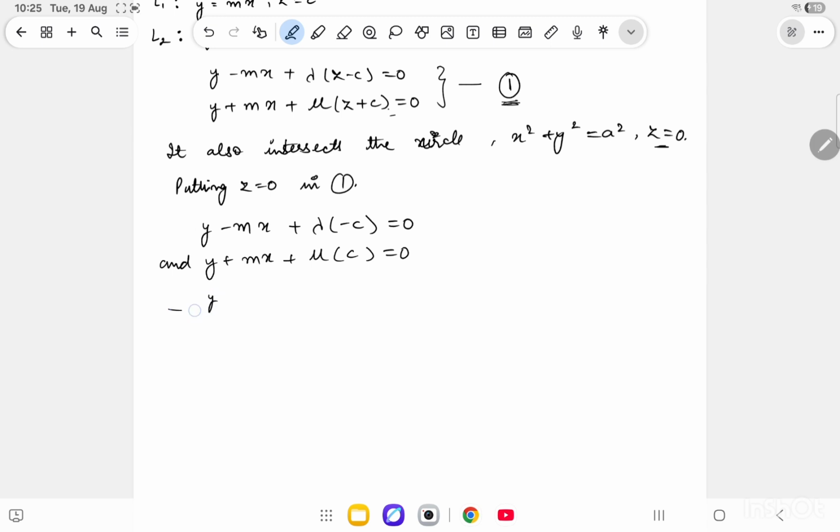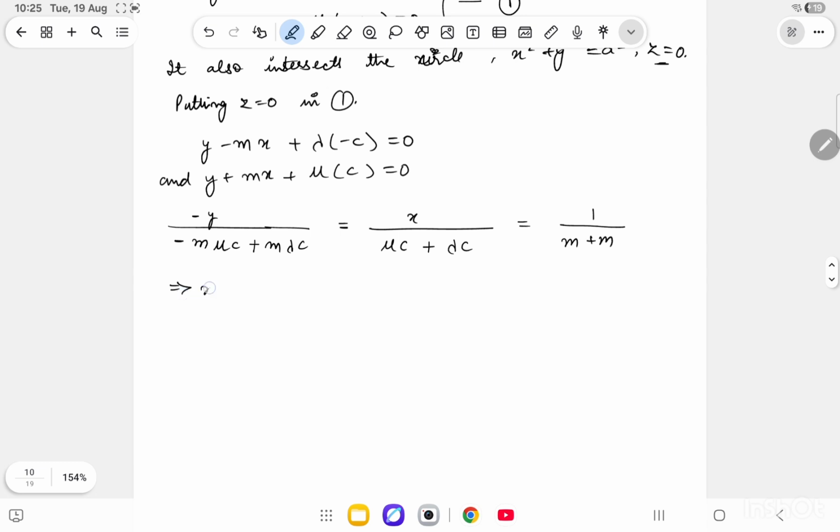So we'll get x upon (minus m mu c plus m lambda c) equals minus y upon ... equals 1 upon 2m.